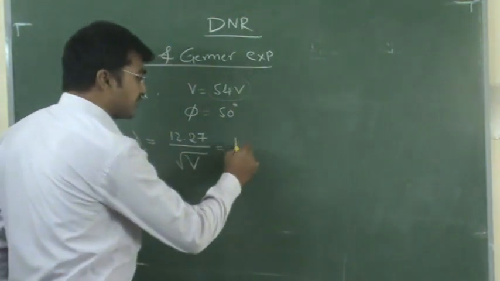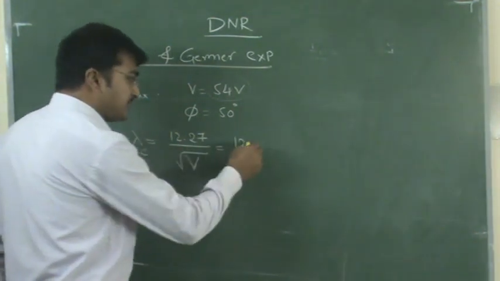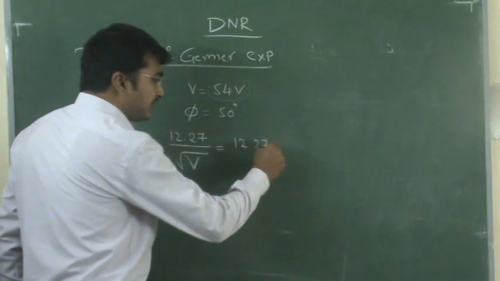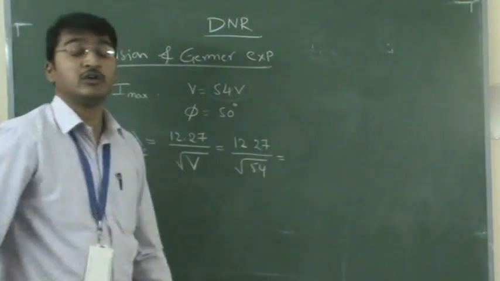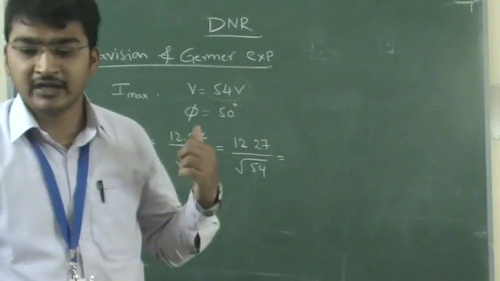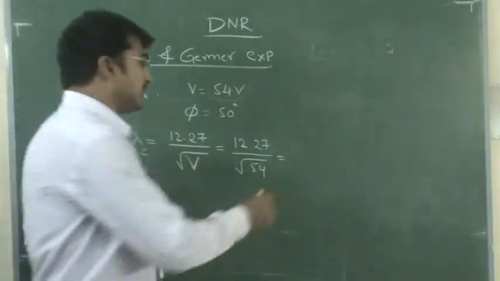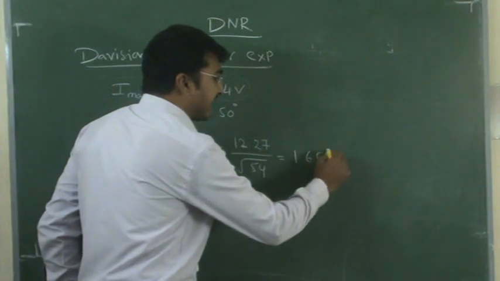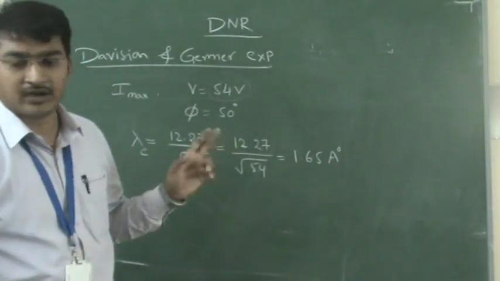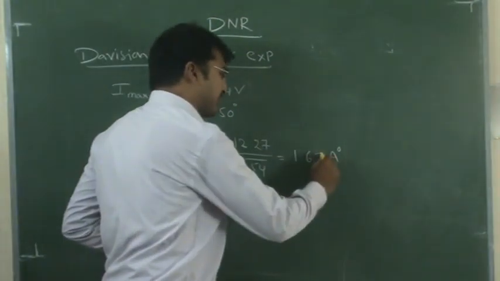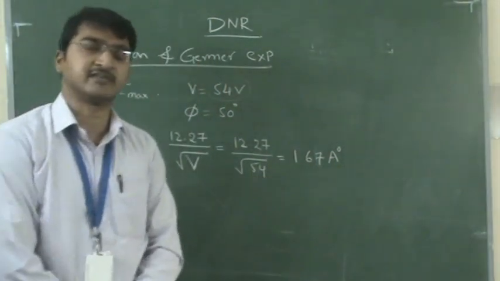Substituting, it is 12.27 by root 54 angstroms. Solving this, you get the value 1.65 angstroms, near to 1.67 angstroms.